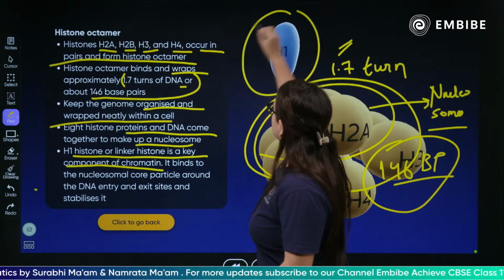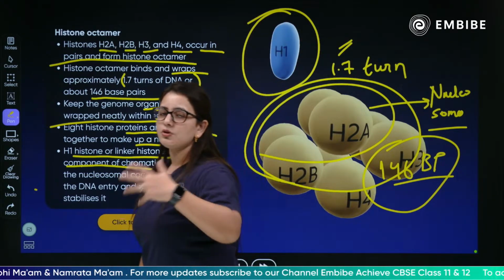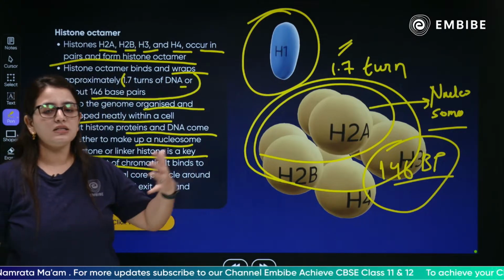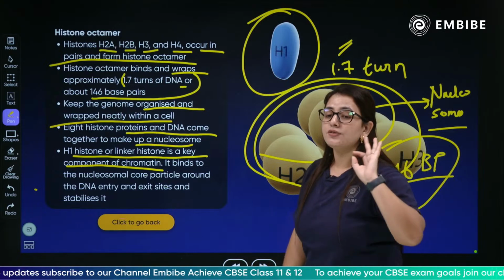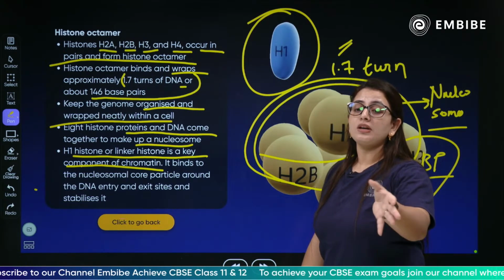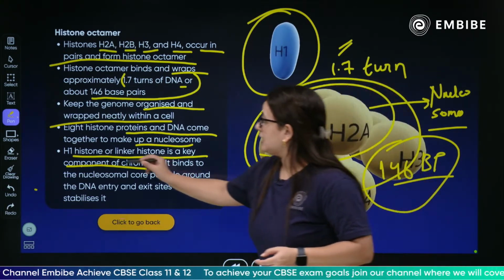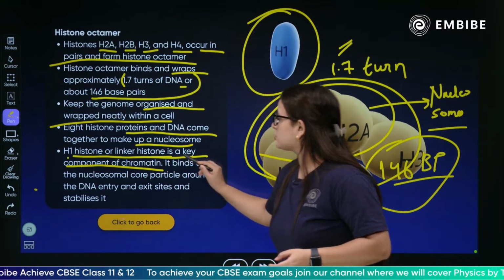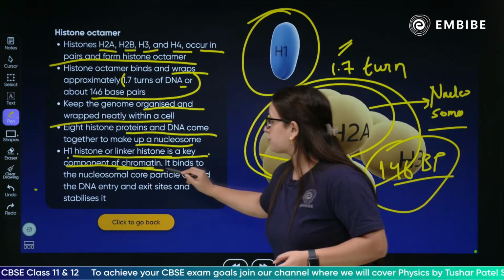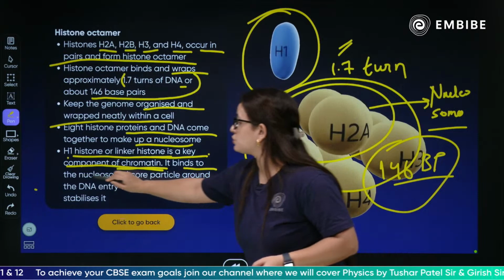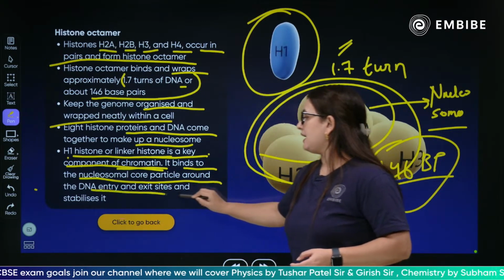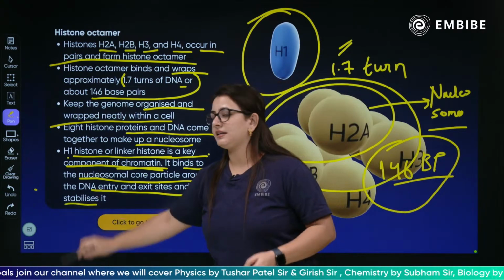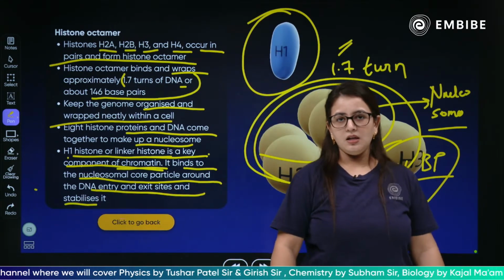So ma'am, you said 5 histone proteins, but what is the need of H1? So children, H1 is a linker protein. H1 histone is a linker histone, a key component of chromatin. It binds the nucleosomal core particle around the DNA entry and exit site and stabilizes it. Simple.